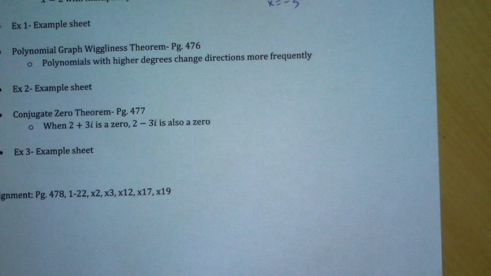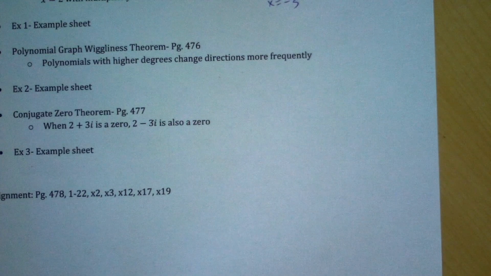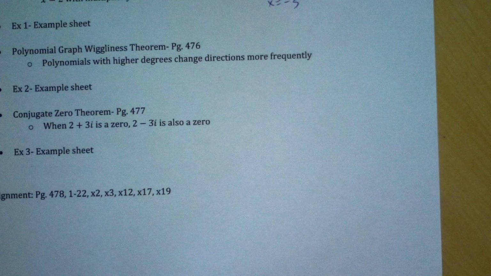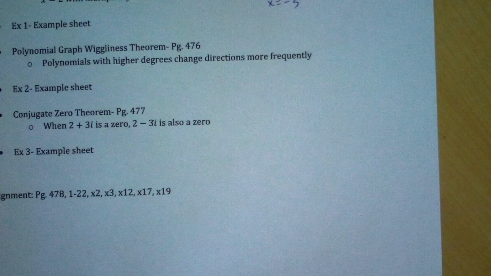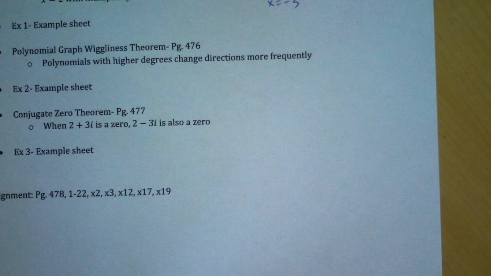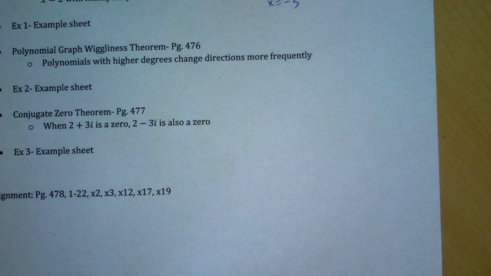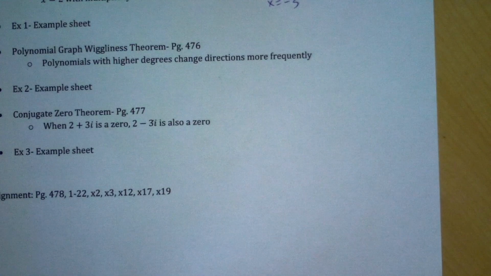That's what we put in our little packets here. If they told you this was a solution, the conjugate automatically has to be a solution. If they just gave you that and asked what's another spot it crosses, that one has to be it, because with complex conjugates, if one works, they both work.